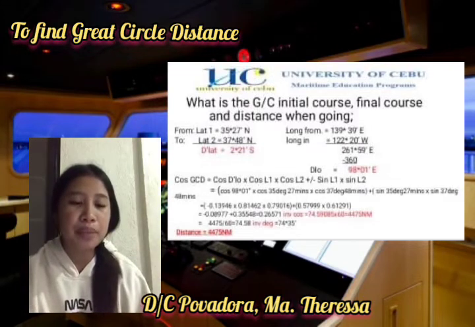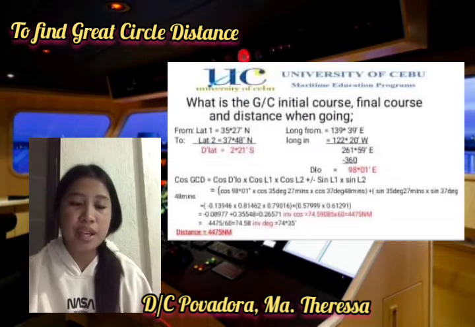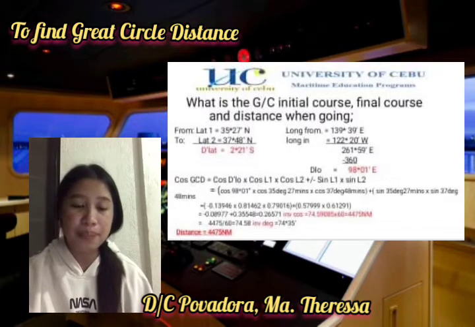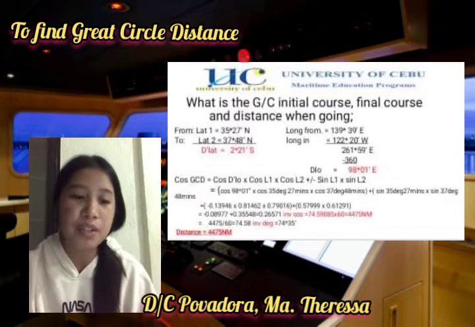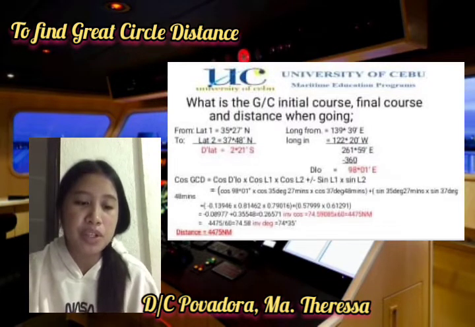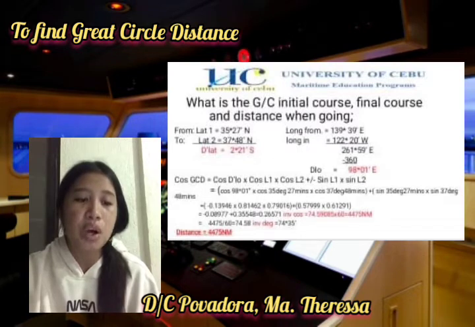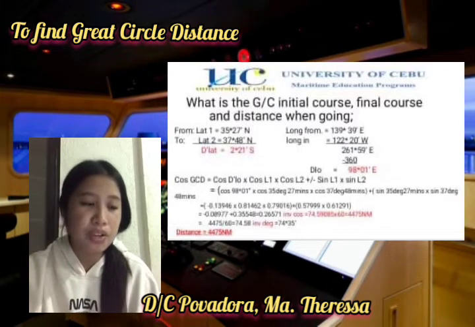And sin 35 degrees and 27 minutes is 0.57999, times sin 37 degrees and 48 minutes, which is 0.61291.